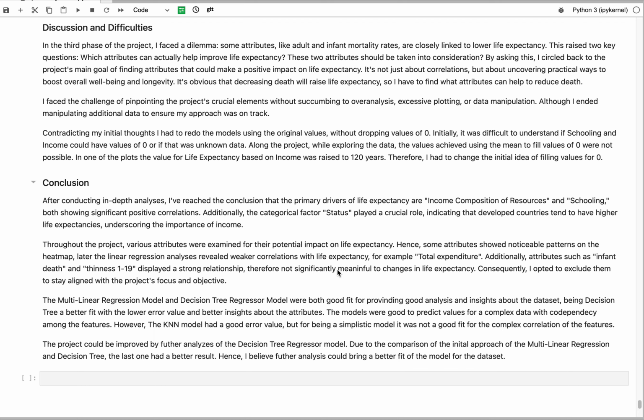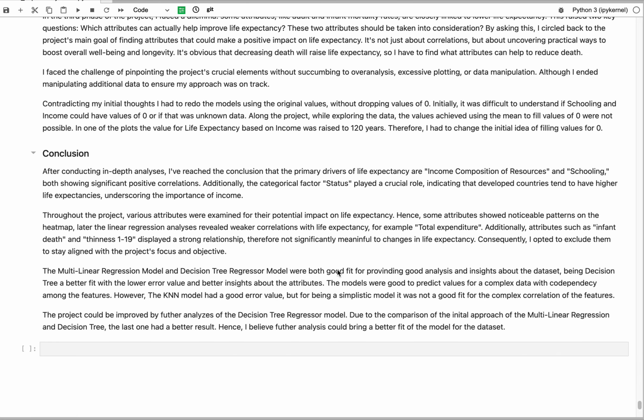So my conclusion after the analysis was that income composition of resources and schooling showed significant positive correlations with life expectancy, and the categorical factor status plays a crucial role in understanding the data and the countries that have that life expectancy.